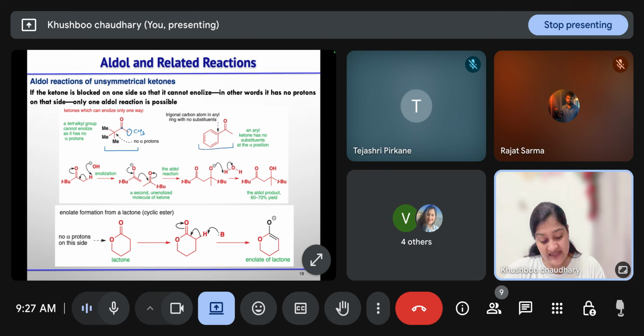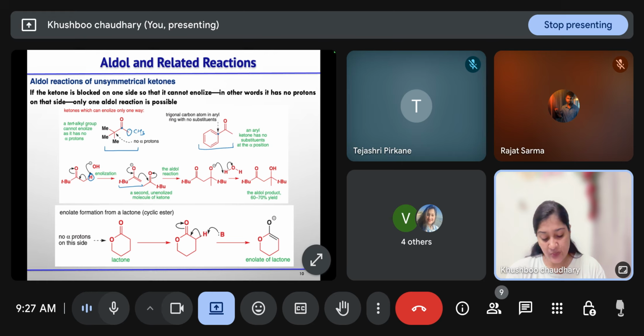Similarly, if we have aryl ketones, here also the sp2 carbons can't be enolized because there is no alpha proton at that position. So the base will take the alpha proton from only one side, and the first step is enolization, and the enolate will generate.